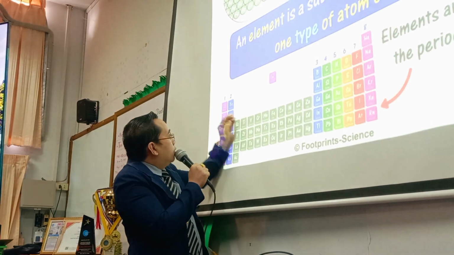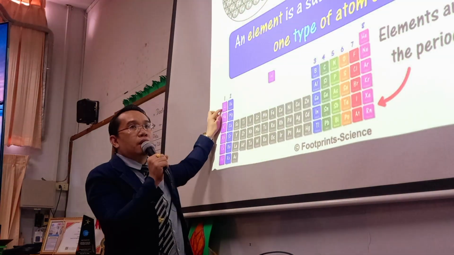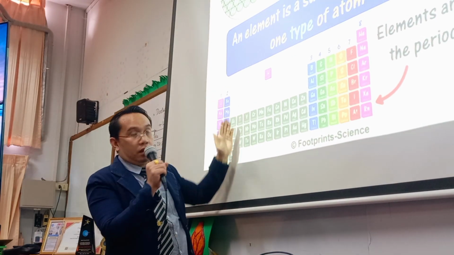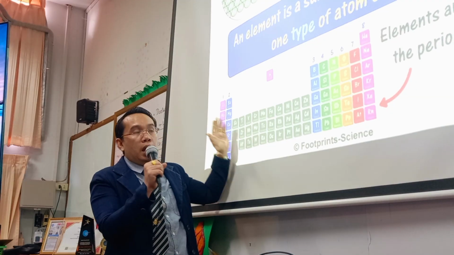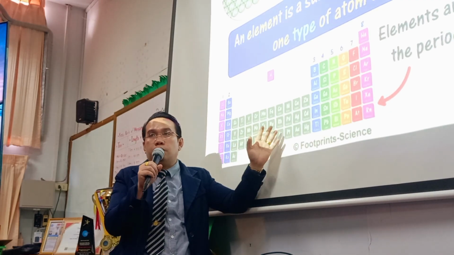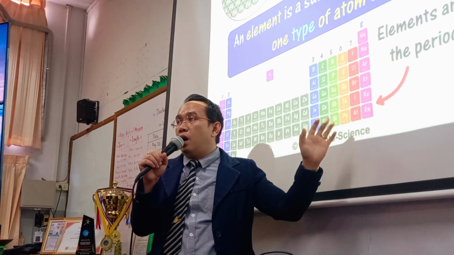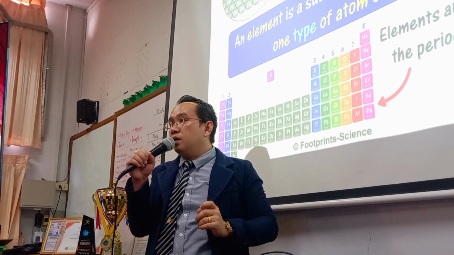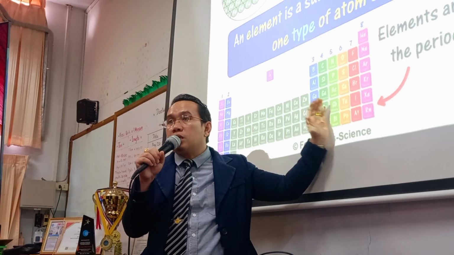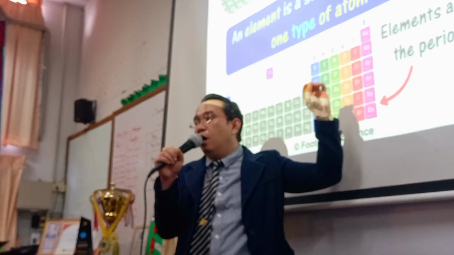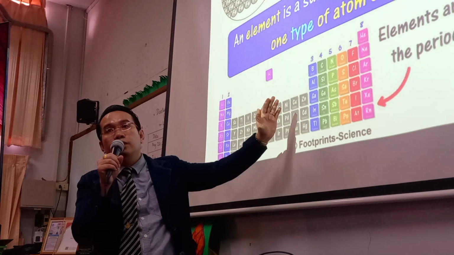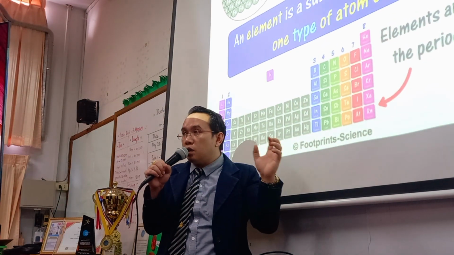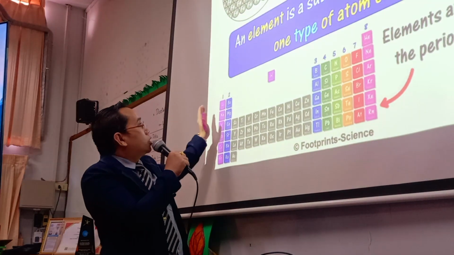This means that elements are always presented in our modern periodic table by block. Okay? Our periodic chart was arranged by the well-known scientist and chemist Dmitri Mendeleev. This helps guide us on how to read each symbol of the elements in an easier pattern.